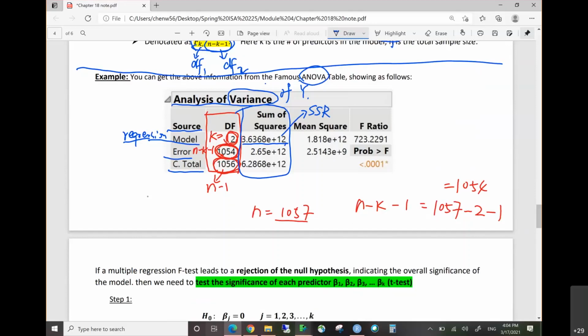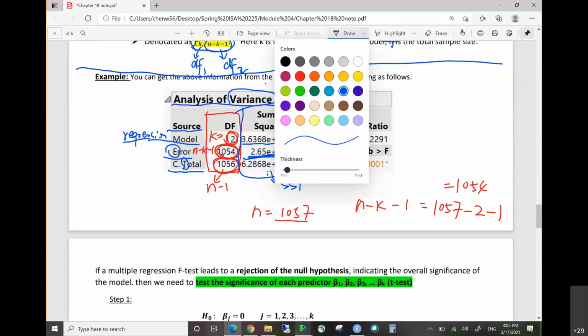The next one, 2.6465 times 10 to the power of 12, will be the SS for the error, so it will be SSE. The last one will be the sum of squares for the total, so that will be SST. All right, one more column.